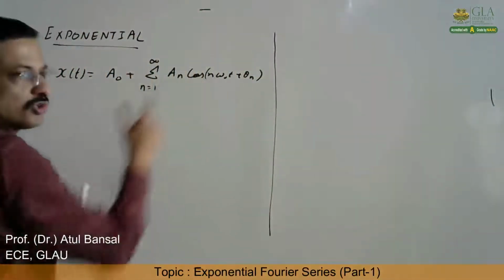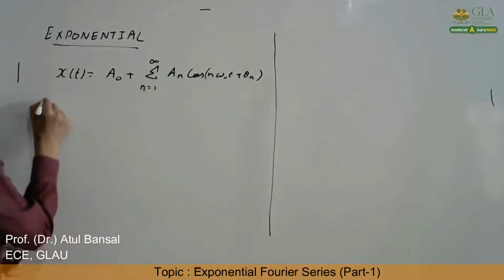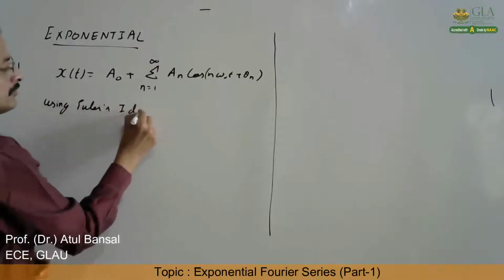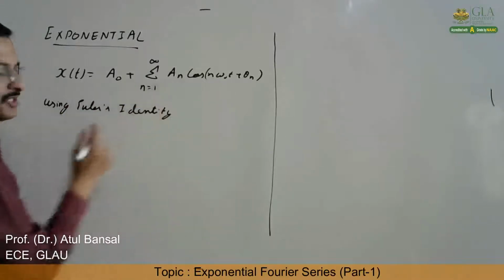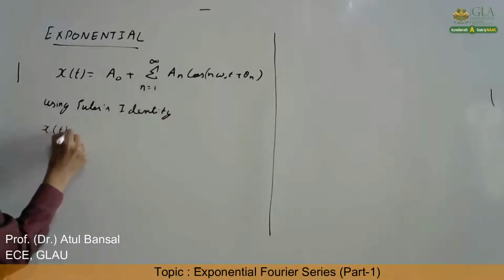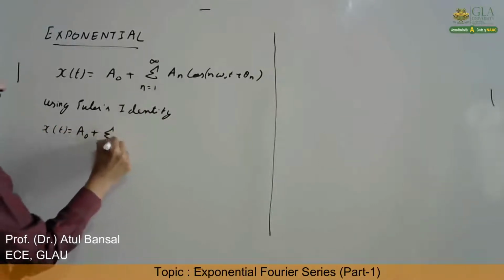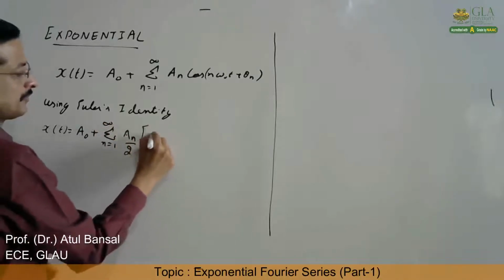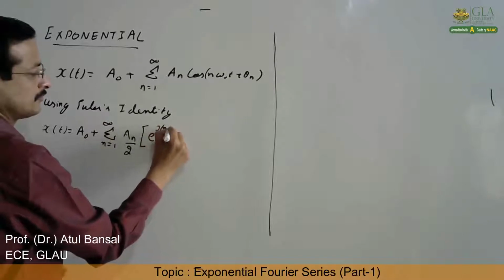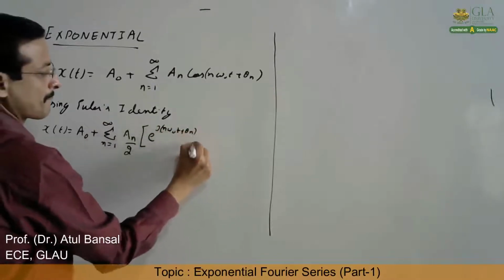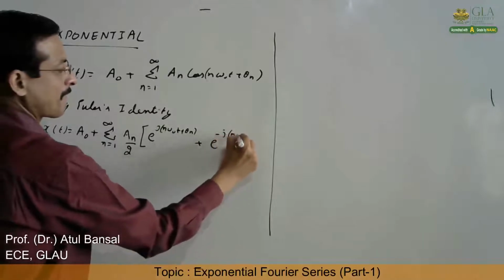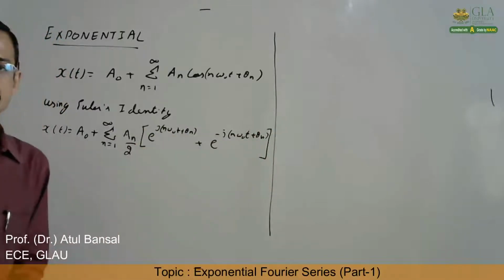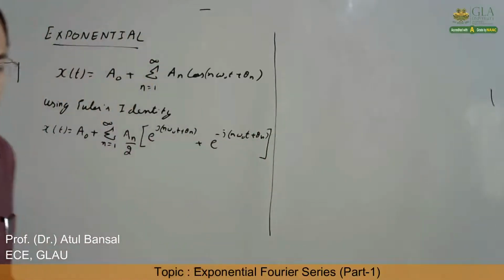So if we express this cosine using Euler's identity in terms of exponential function, x(t) becomes this, right? e raised to power j theta plus e raised to power minus j theta.